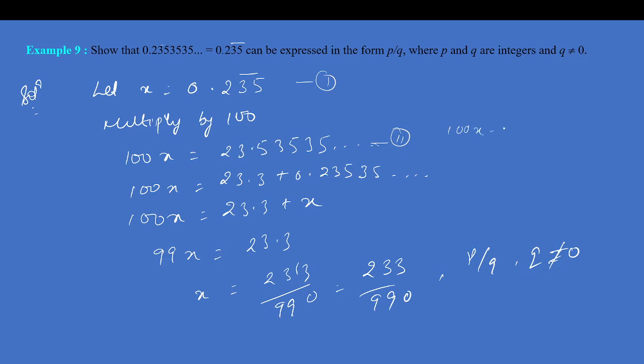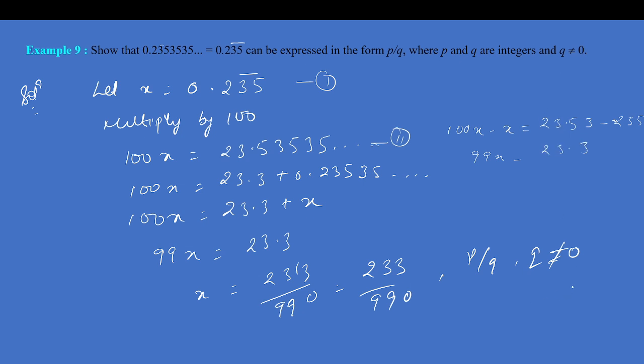100x less x is equal to 23.535 minus 0.235. So 99x will be 23.3.